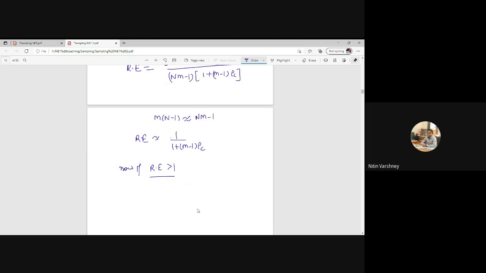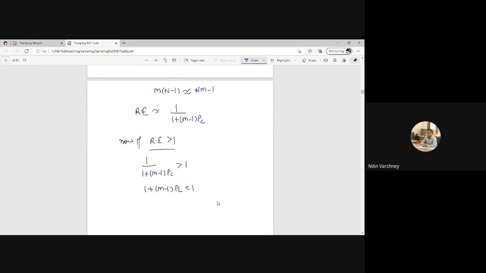So I put 1 upon (1 plus (m minus 1) rho c) greater than 1. So 1 plus (m minus 1) rho c is less than 1. Then (m minus 1) rho c is less than 0. It means rho c is less than 0.